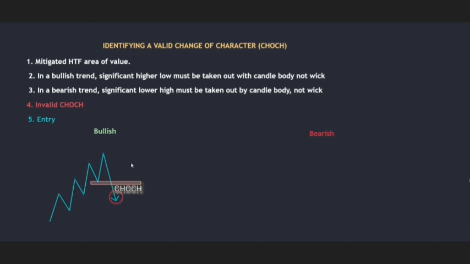Because there's a change of character here, it means there is now a valid resistance or supply zone up here. This resistance level becomes a very strong supply area because of the change of character that has happened.